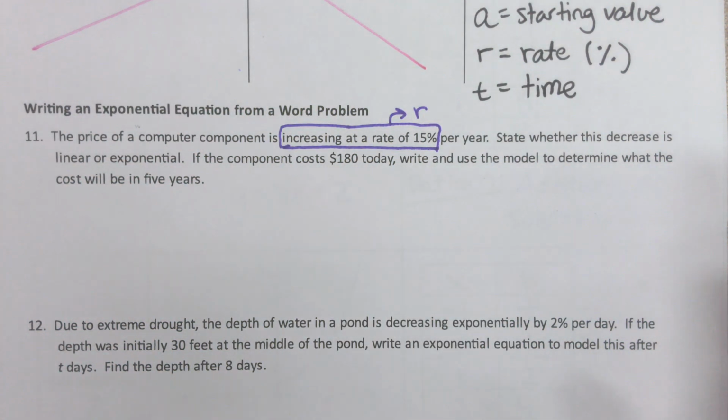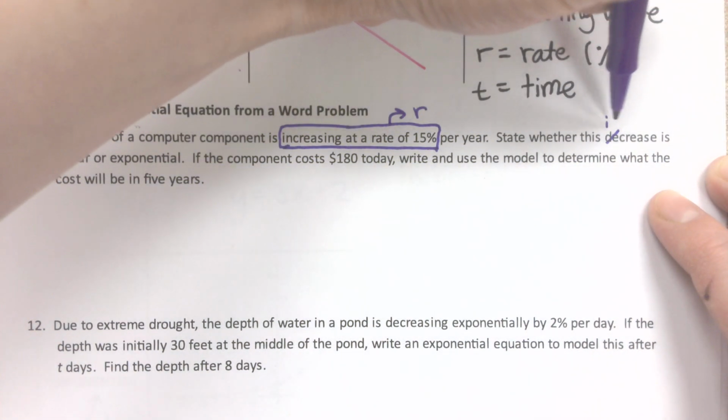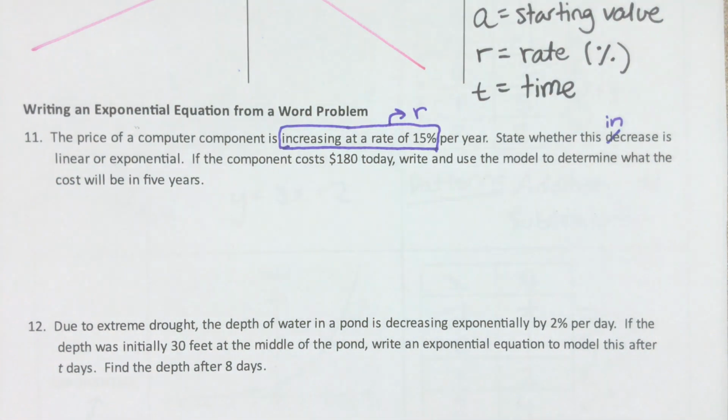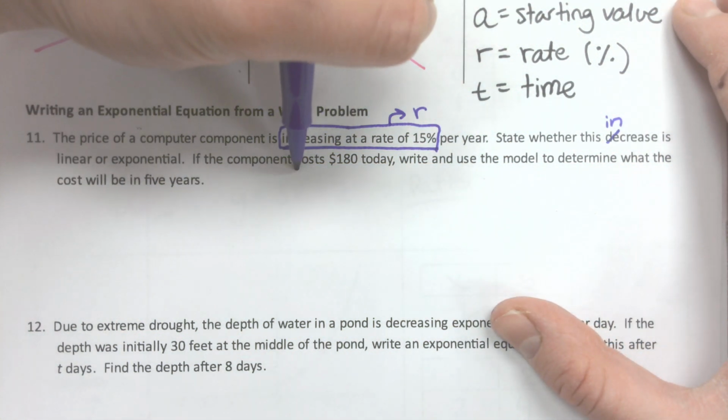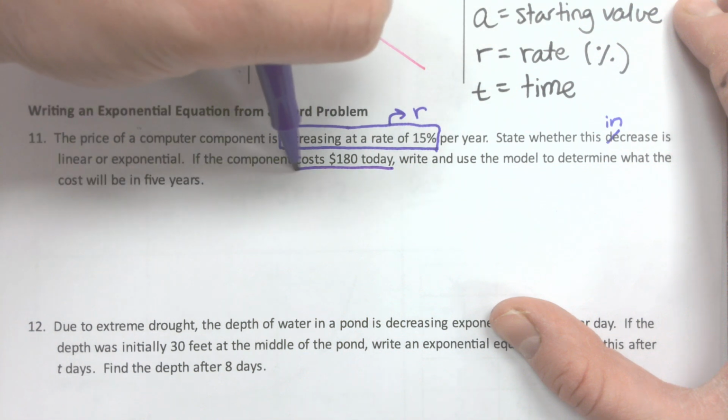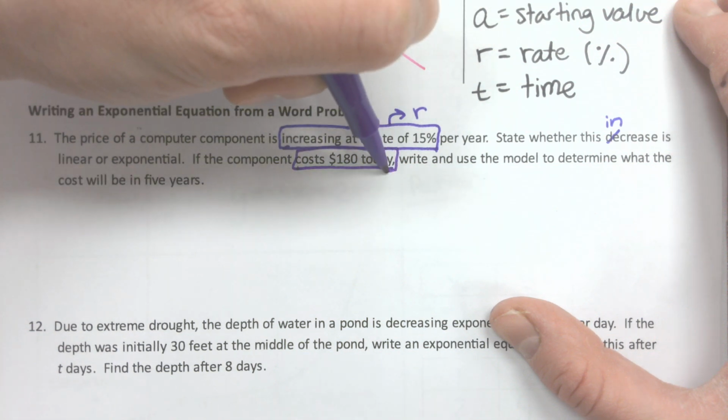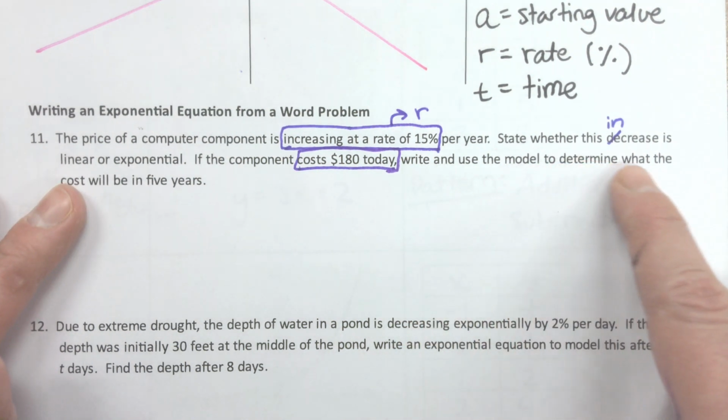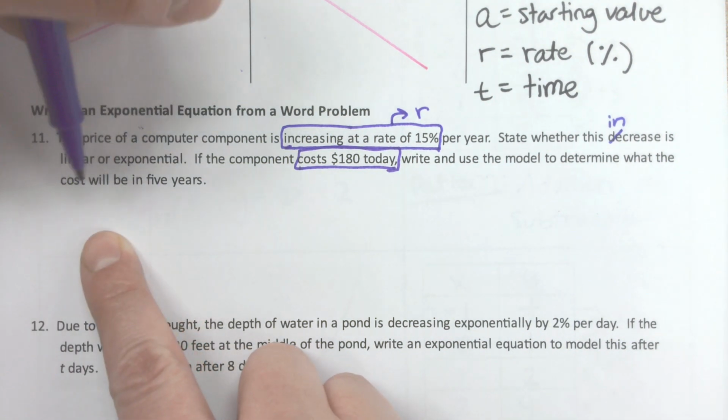State whether this increase, not decrease, is linear or exponential. I've already told you it's exponential. If the component costs $180 today, that part's important. Write and use the model to determine what the cost will be in 5 years.